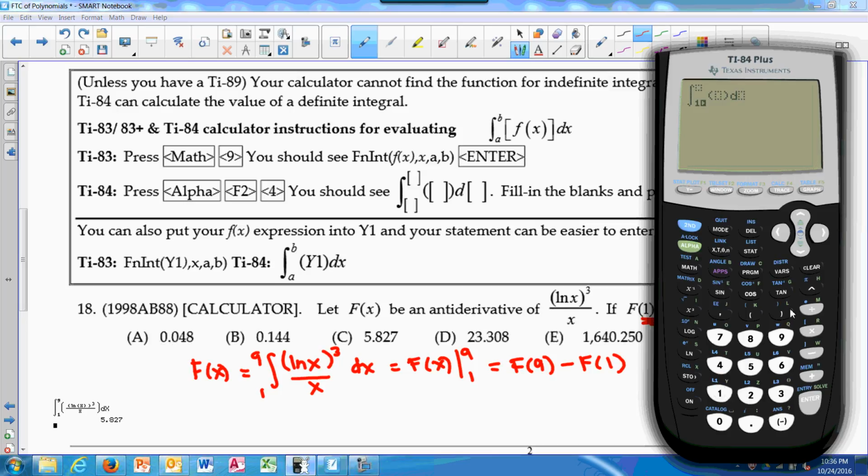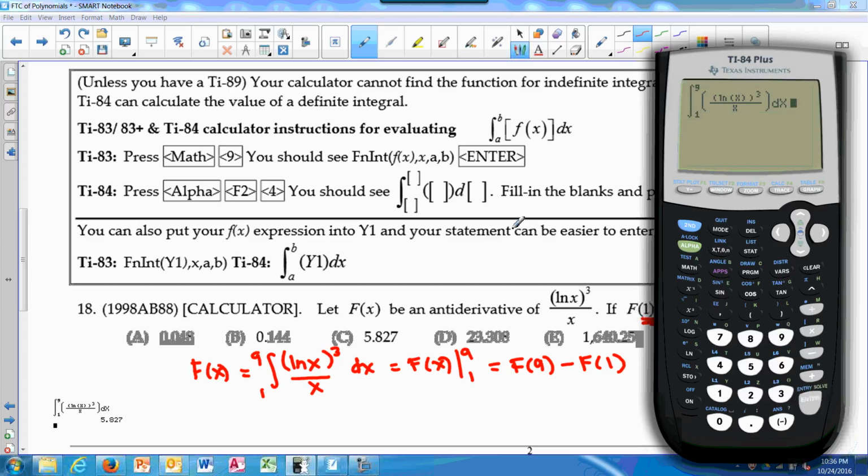So from 1 to 9, I can do a fraction, parentheses. We have the natural log of x cubed, divided by x, with respect to x.